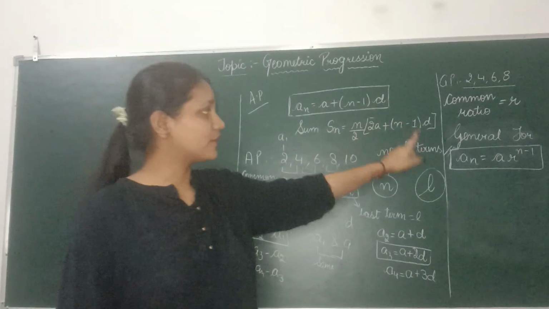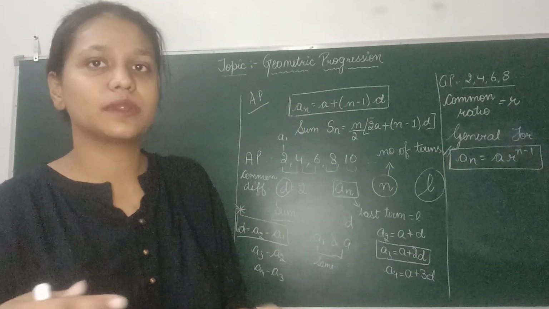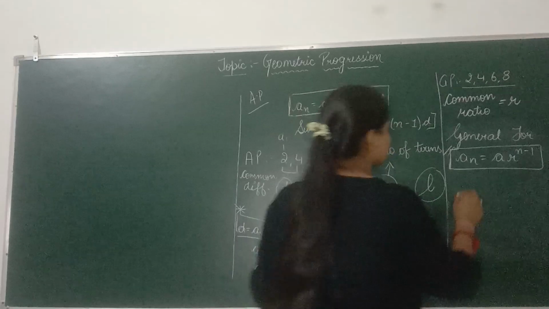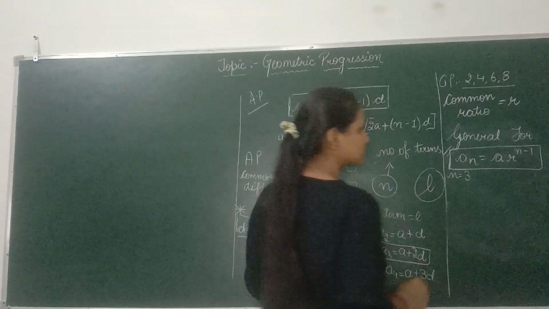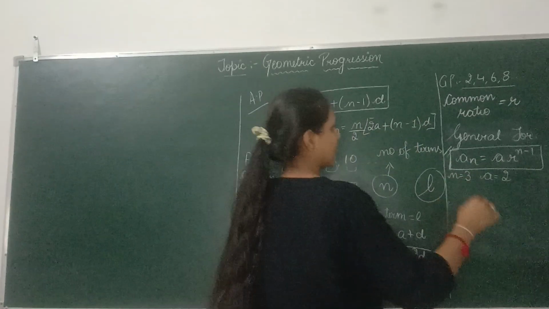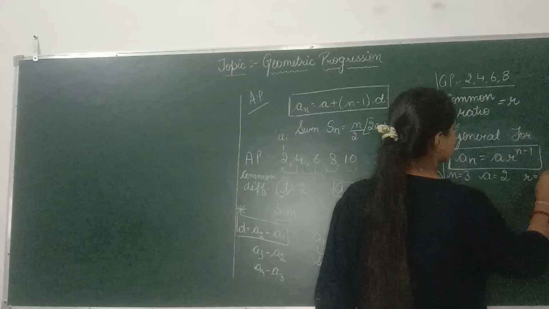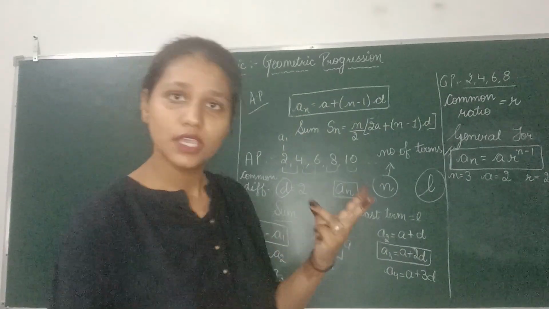But here, if you have to calculate the third term, we put n equals 3. A is given to be 2, and R is the common ratio, that is 4 by 2, which is 2.